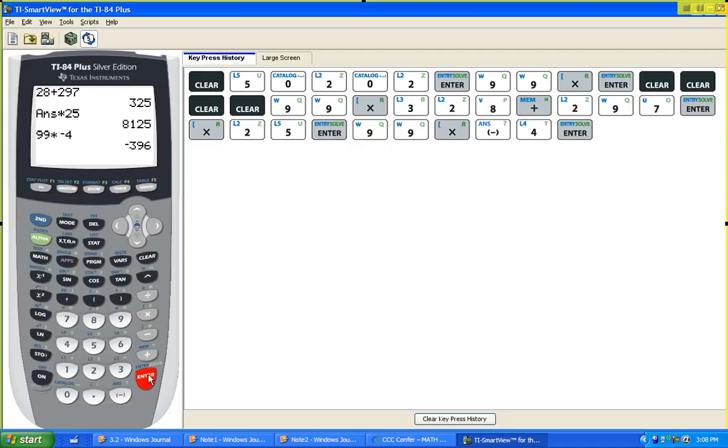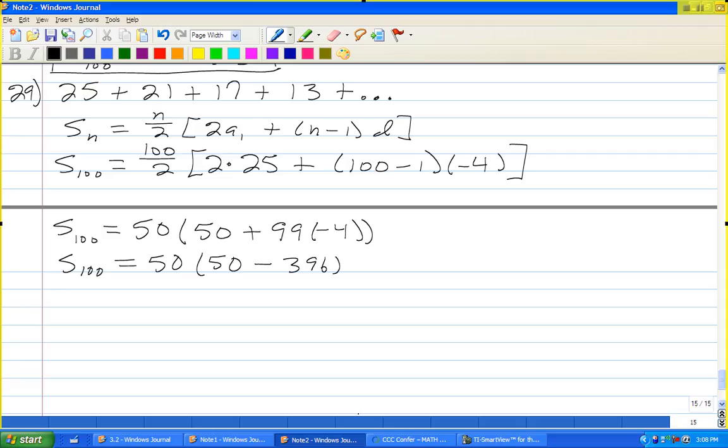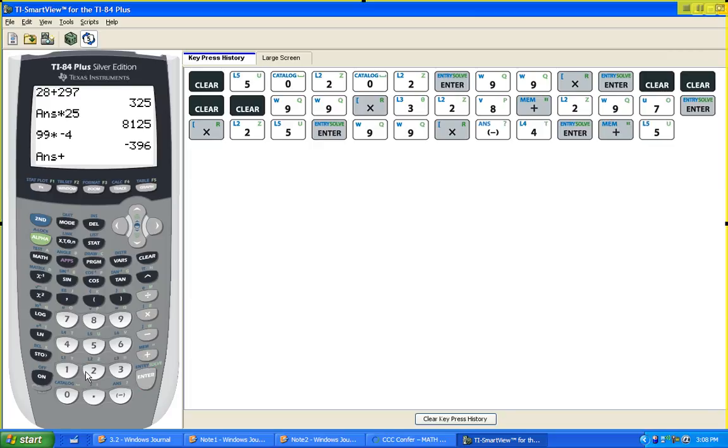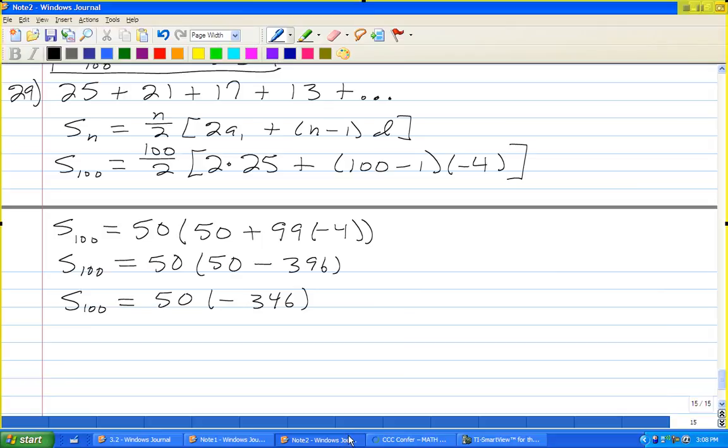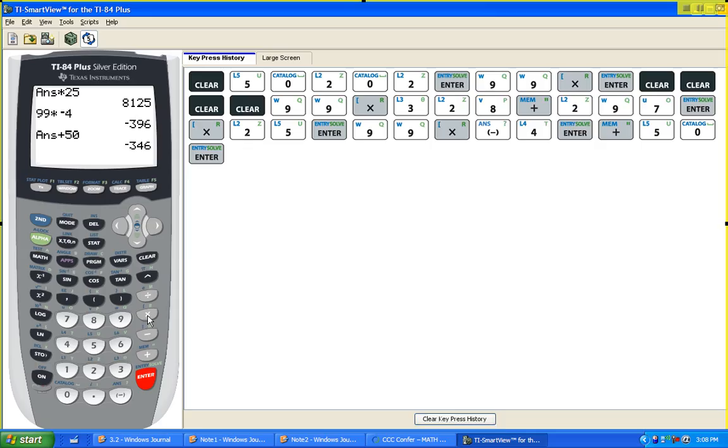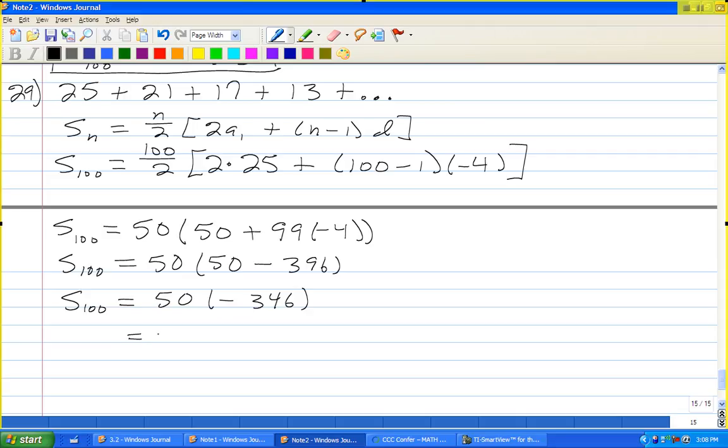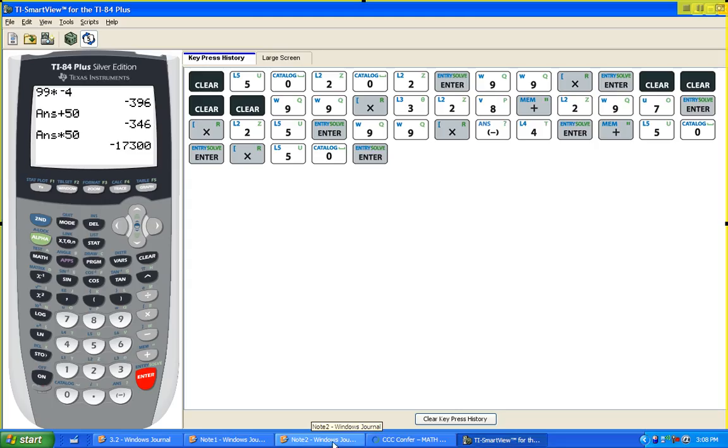So negative 396. Let's add 50. So you get negative 346 and multiply by 50. So you get negative 17,300.